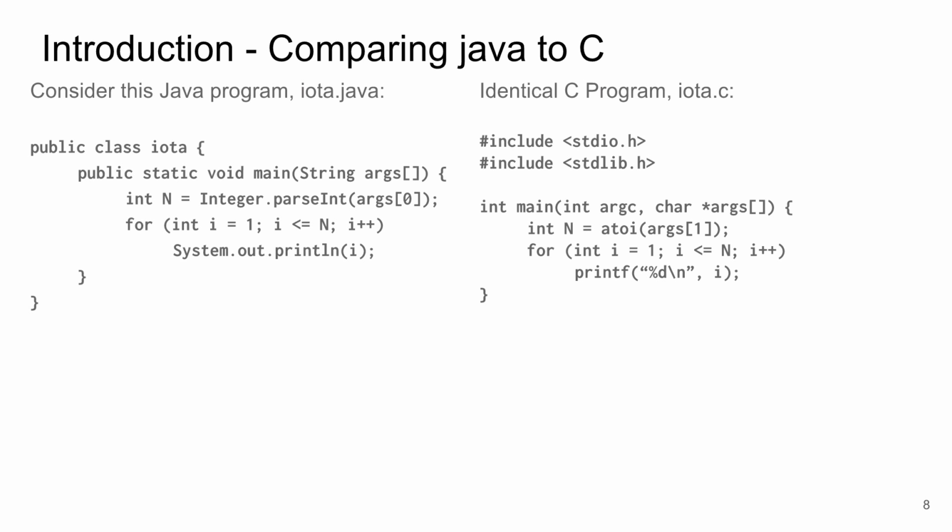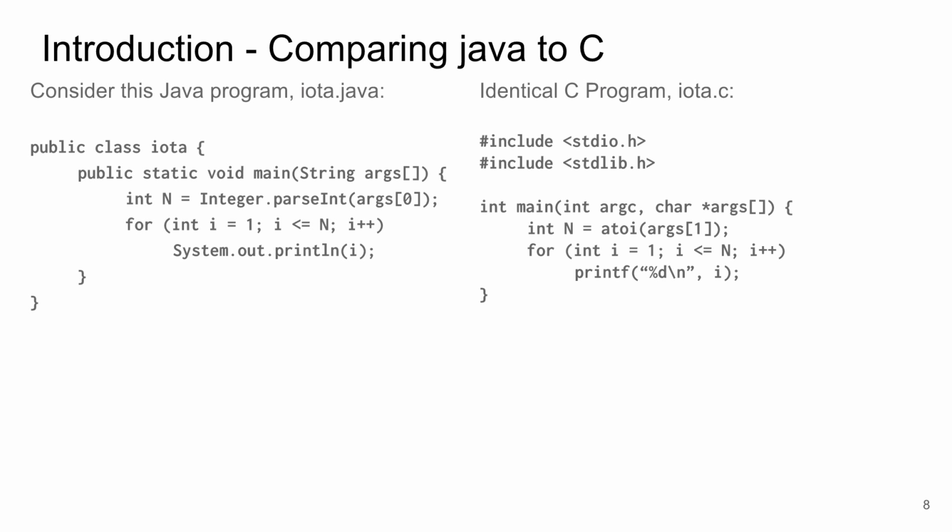Some of the syntax is different, but at the core it's really just grabbing a command line argument like it does right here. Here it's casting that string to an integer. This function's casting that string to an integer. And then we have 2 for loops which actually have the same exact syntax. And then we're just printing the integers out as we go along.